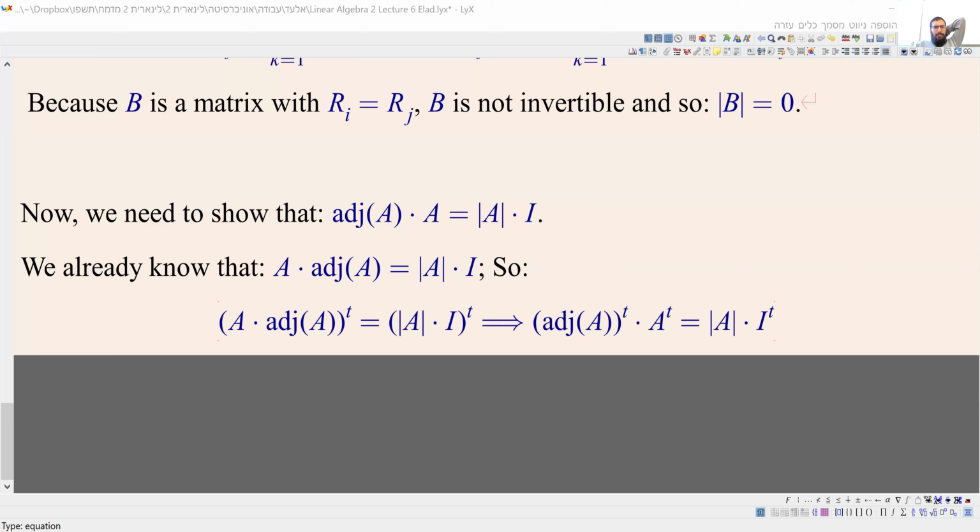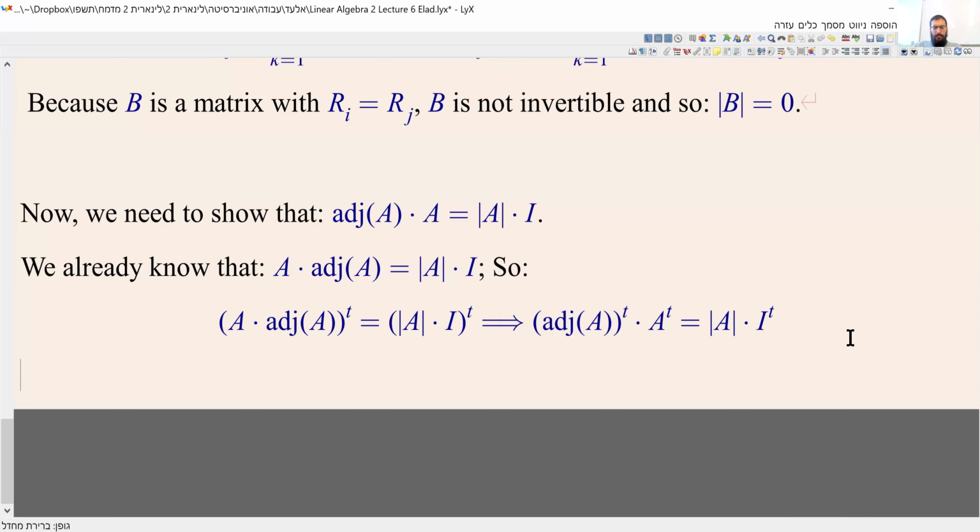Right now, what can we say about both of our sides? On one side, the transpose of I is just I, right? And on the other hand, the adjugate matrix of the transpose is the transpose of the adjugate matrix.